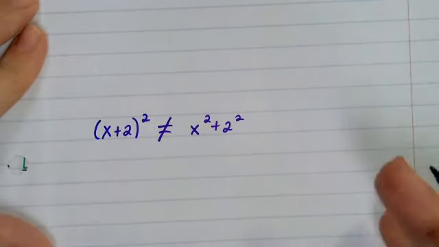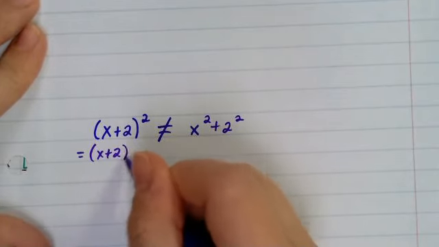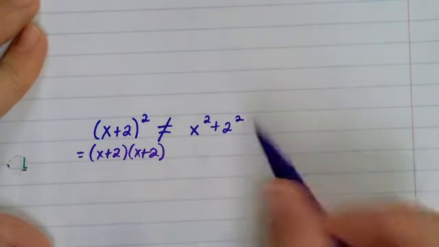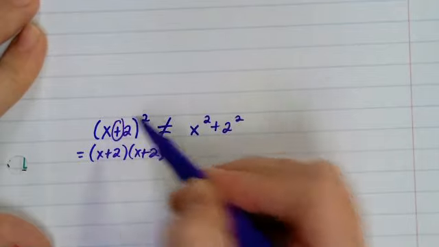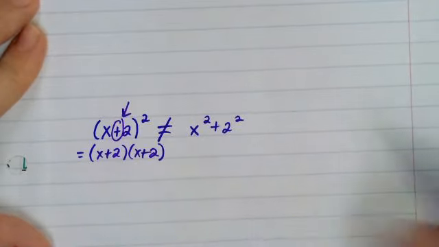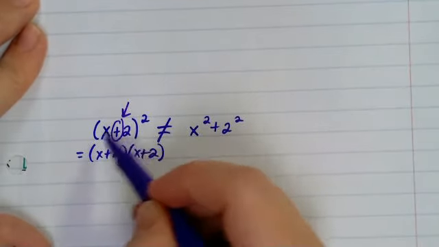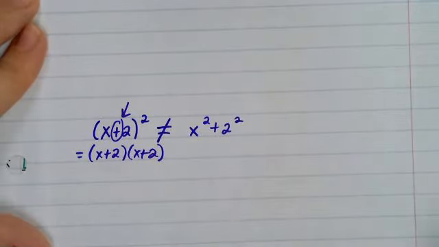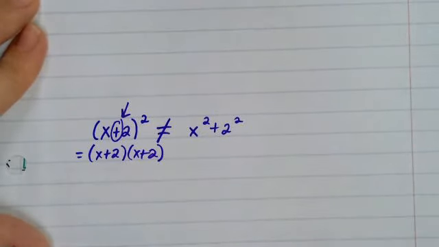What this is the same as would be x plus 2 times x plus 2, completely different. You cannot just distribute this exponent to these because of that plus symbol. If they were multiplied, then that power does distribute and go to both of them. But because these are being added, it doesn't work that way.